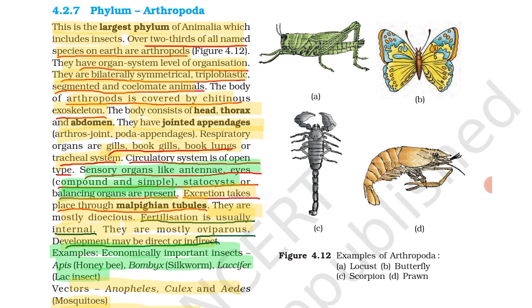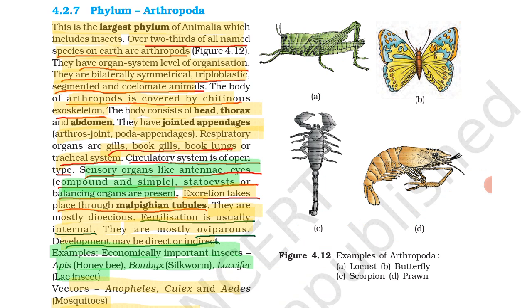Eyes are compound and simple types, and statocysts, the balancing organs, are present. Statocyst is also called a balancing organ in Arthropoda.